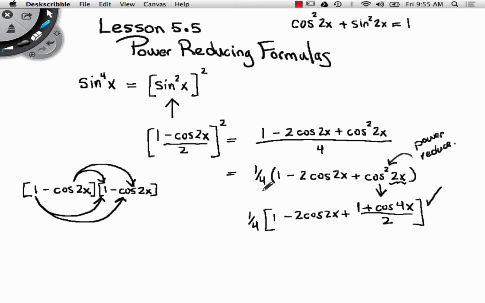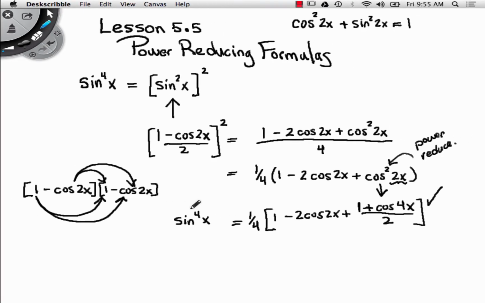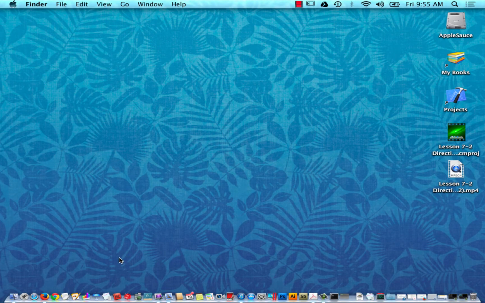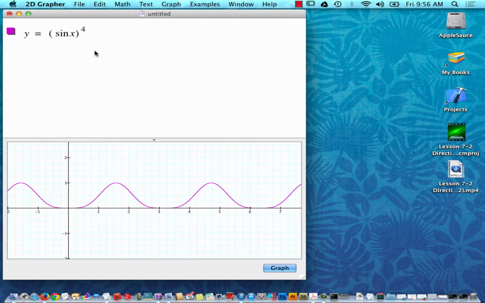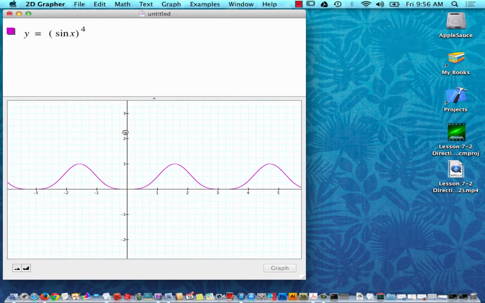So that's your answer? That is the answer. Now, let me show you that this is indeed equal to the sine to the 4th of x. So what I do first is I graph sine of x raised to the 4th power, and that's what the sine of x to the 4th power looks like.